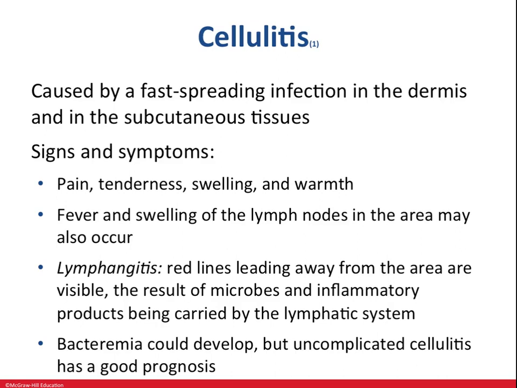Since these infections can develop and spread quickly, the bacteria can generate tons of toxin and release it into the blood, causing fever and swelling of the lymph nodes. This is a very acute infection that can cause lymphangitis, where the lymphatic vessel is infected and you can see red lines.